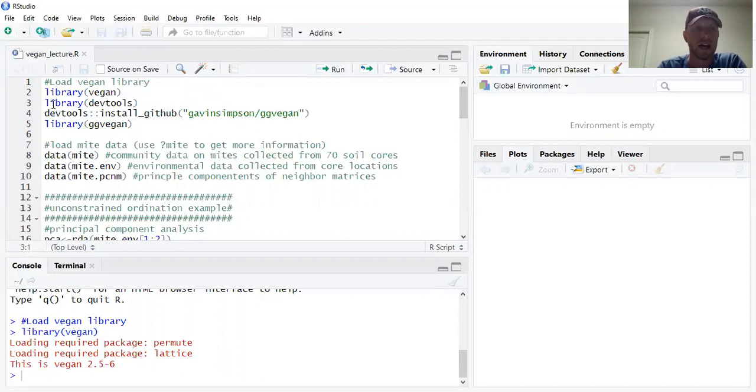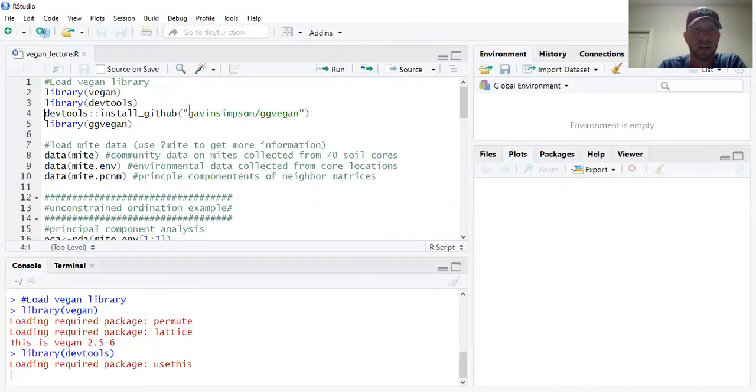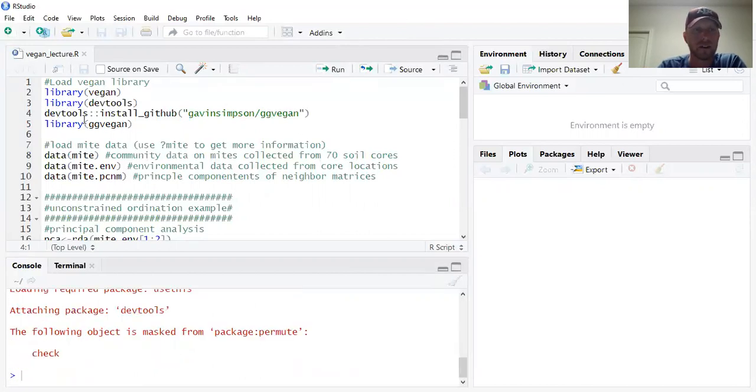And so this line 3 here is just loading the library of developmental tools, or devtools. So you'll need to install that one and then load it. And this next line of code here is what you would run to install ggvegan from GitHub.